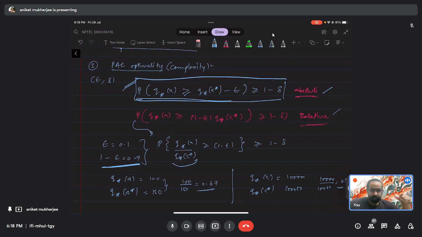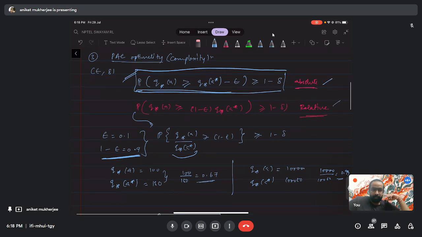So I hope this is clear. Excuse me, Sir. When this Q star A is very high, Q star A star is very high, in that case, if you use the absolute thing, that is a stronger constraint, right? Yeah, actually, yes, you are right. PAC complexity is the absolute one. It's not the relative.